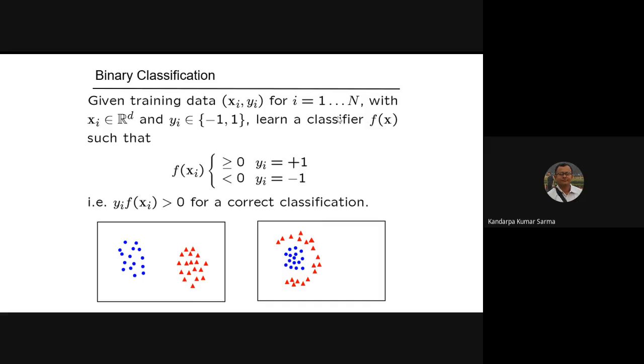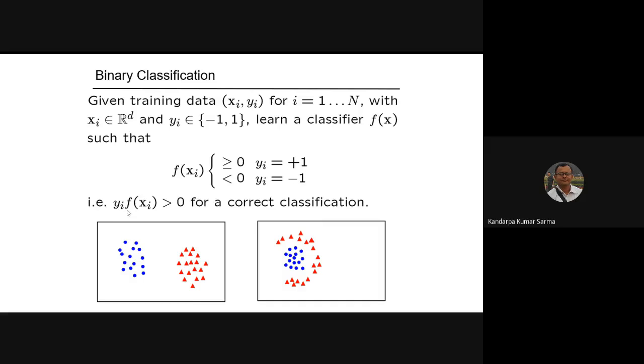We shall represent the classifier with a functional representation of f of x, such that f of small xi takes a value greater than or equal to 0 and less than 0 when yi is equal to +1 and -1, respectively.